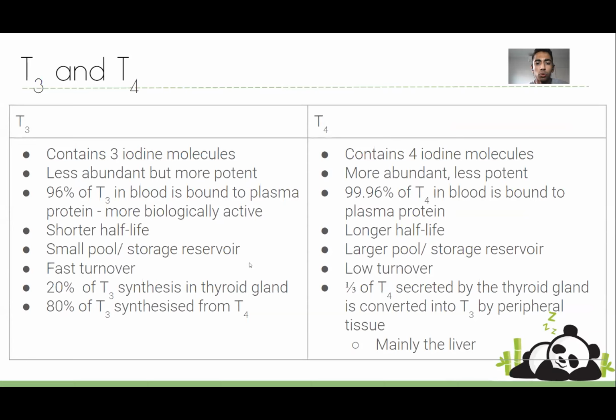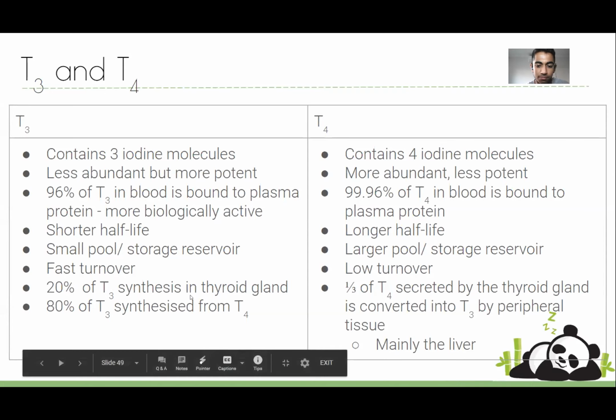T3 has a smaller pool, whereas T4 has a larger pool, which comes from the idea that it's more abundant and less abundant. T3 has fast turnover, mainly because it has a shorter half-life, and T4 is the opposite. It's got a longer half-life, so lower turnover. So it'll take a longer time for it to be used up in the body.